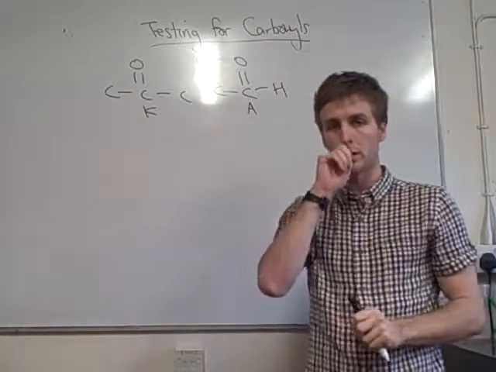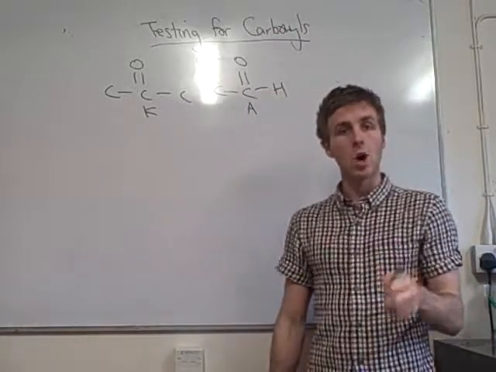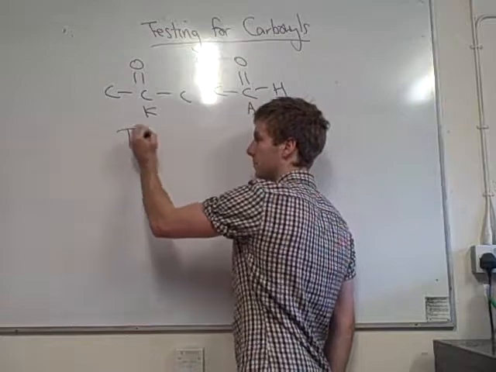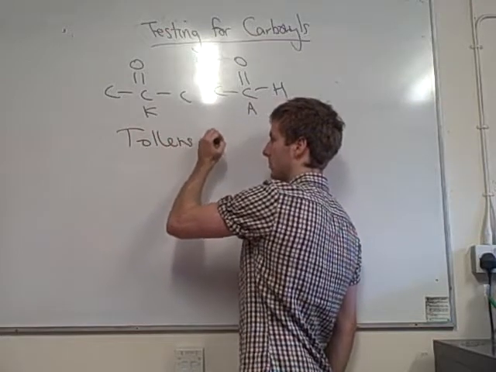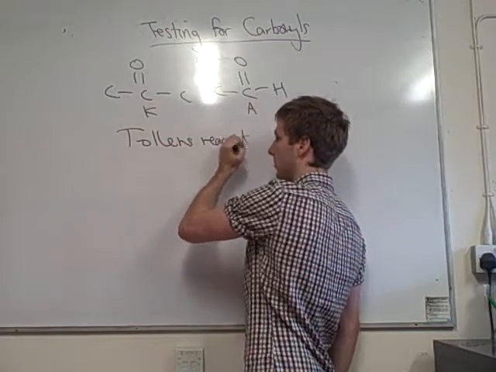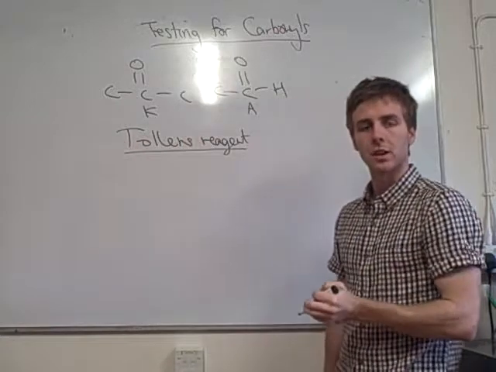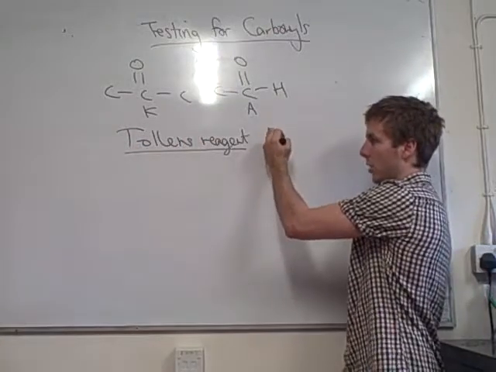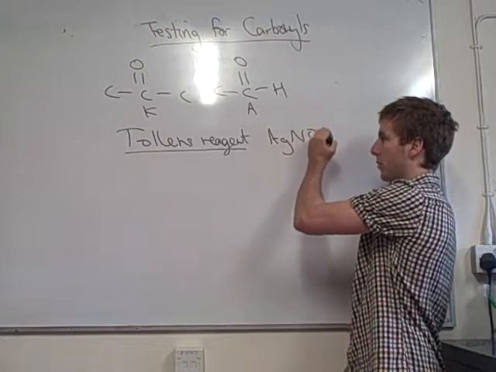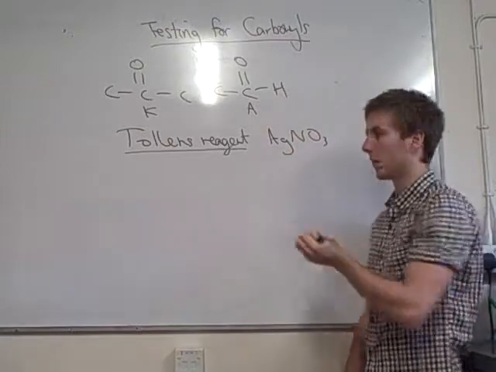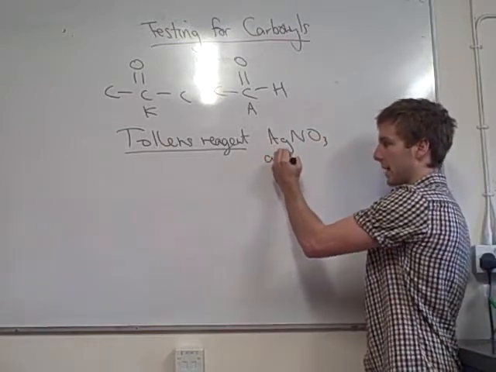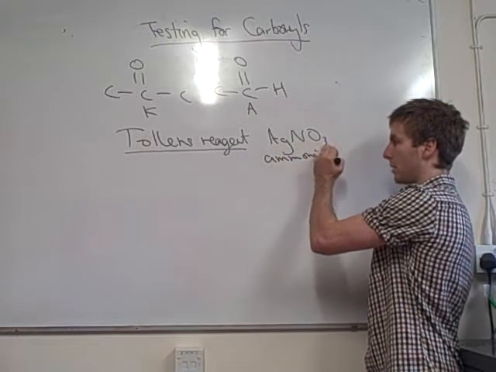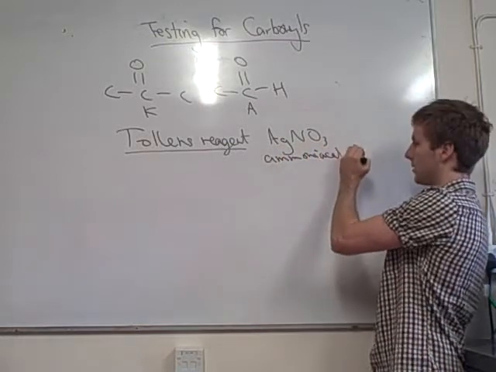Now there's two tests we can do. The first test we're going to go over is the Tollens reagent test. Now Tollens reagent is silver nitrate, AgNO3 in aqueous ammonia. So what we would say is ammoniacal, how cool is that, silver nitrate.